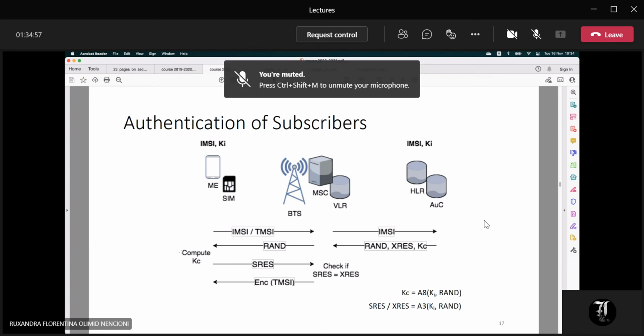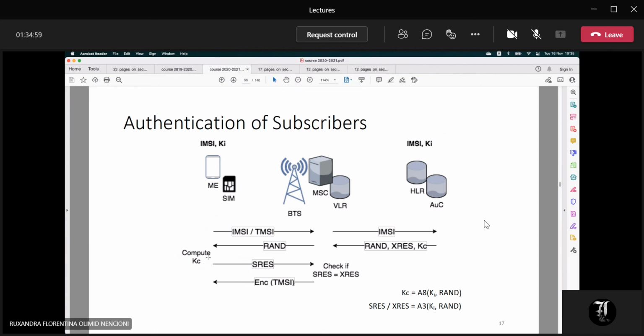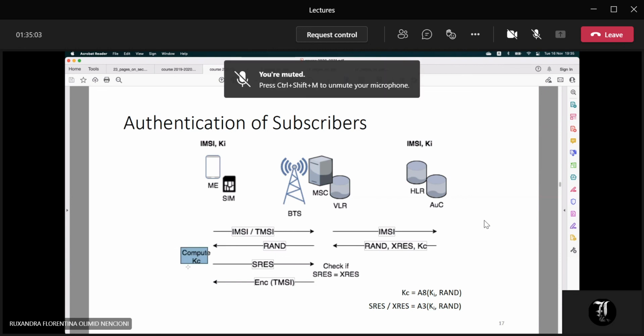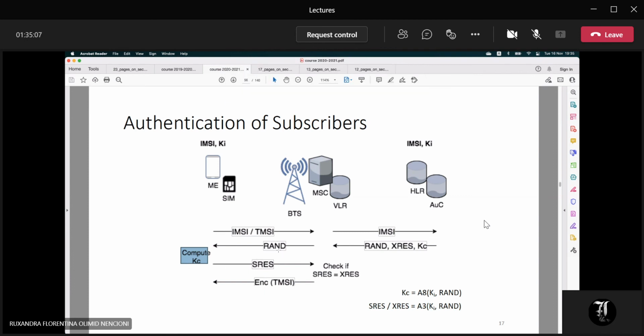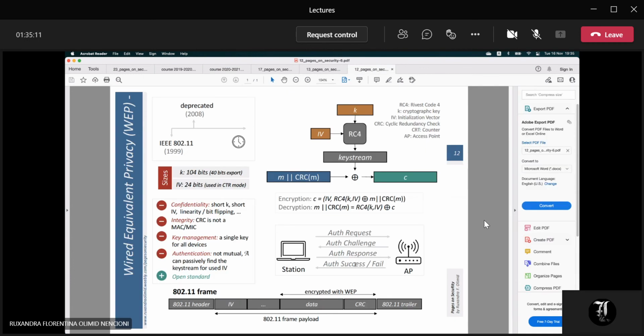That the device using the key is going to compute an answer. So it's basically a challenge-response mechanism like here. Hey, I want to authenticate. Oh, here's your challenge. That's your response. Okay, you're allowed or not to access the network.